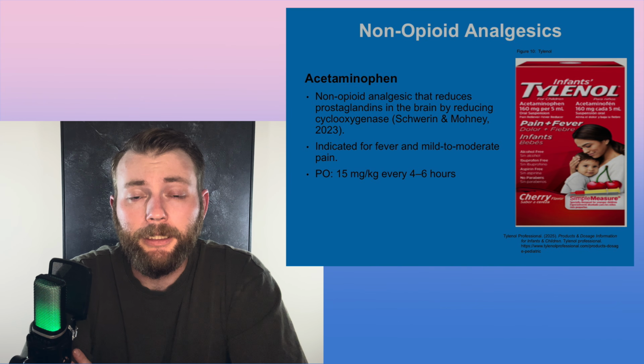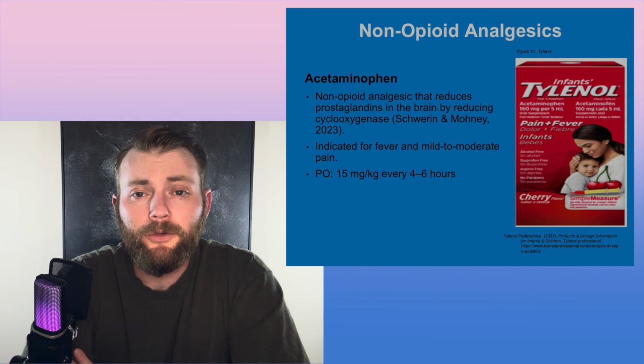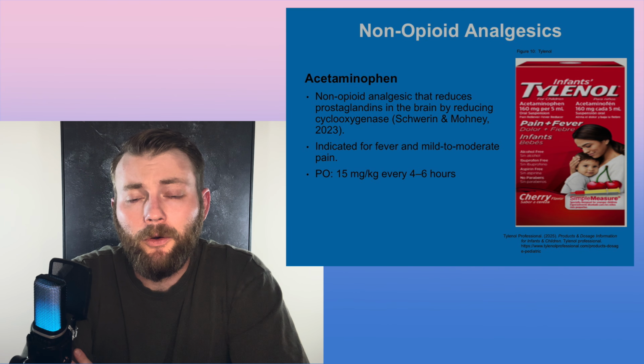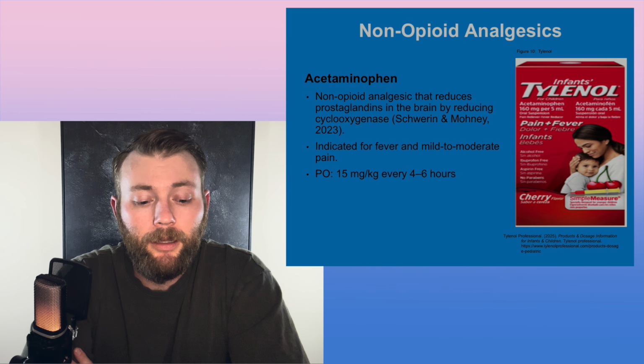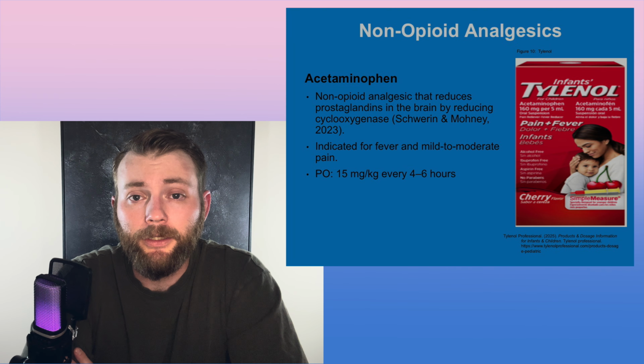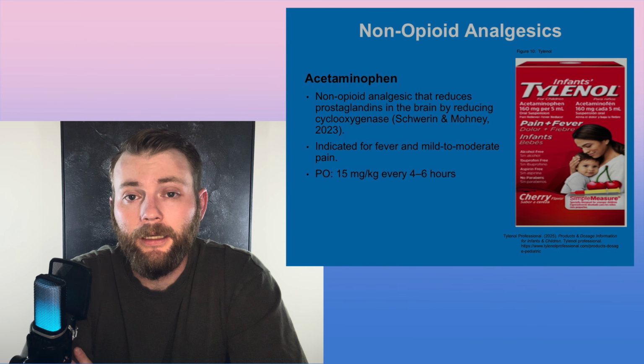Ultimately, through this inhibition, it decreases the level of prostaglandins within the central nervous system, and prostaglandins are chemical mediators that are responsible for pain perception and the regulation of body temperature. So, by lowering the prostaglandin levels, acetaminophen is able to provide effective analgesia and antipyretic effects.